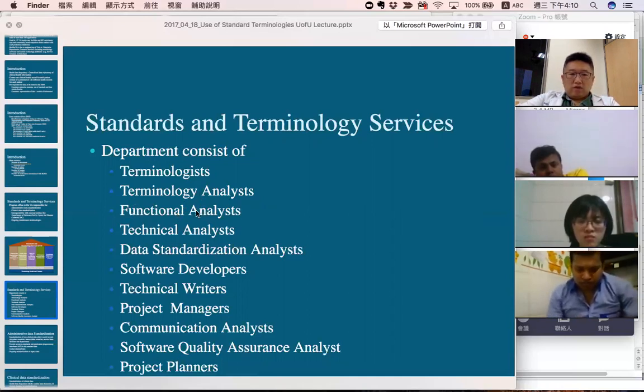Then functional analyst, technical analyst, data standardization analyst, software developer, technical writer, project manager, communication analyst, software quality assurance analyst, and project planner.